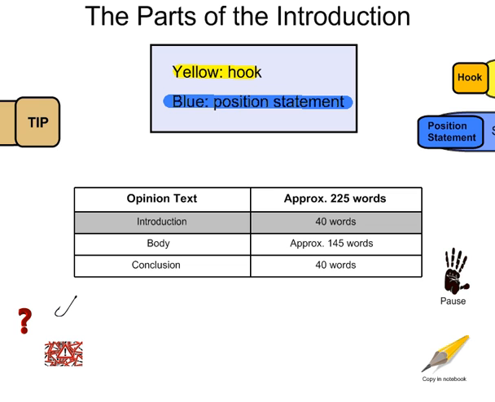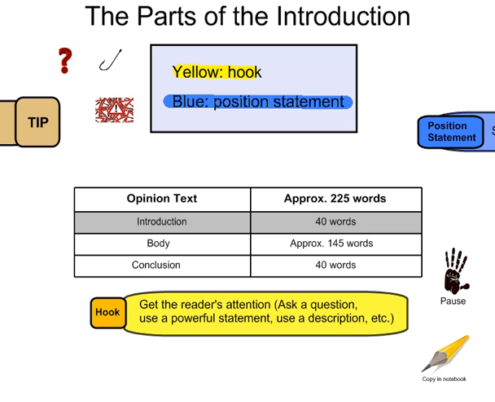So let's dive into the lesson and talk about the different parts of the introduction. You have the hook and the position statement. When you start writing your paragraph, you want to get your reader's attention. You do this either by asking a question or using a powerful statement, such as a description.